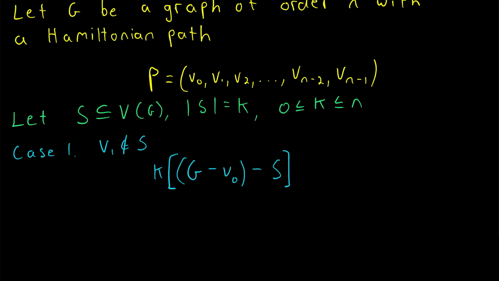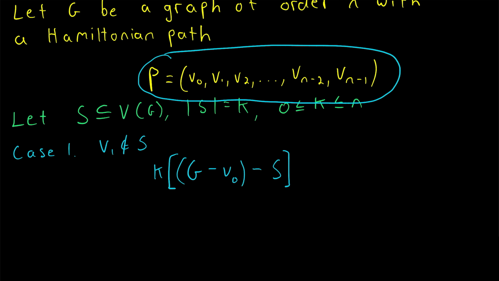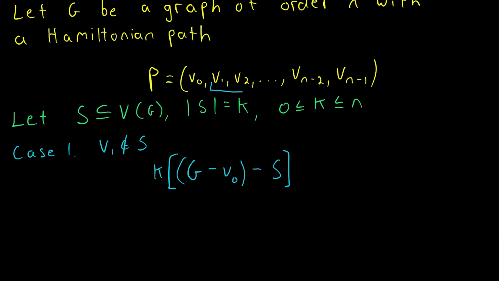Because here are the two important things to notice. G minus V0 obviously has fewer vertices than G, because it's G without that one vertex, V0. Additionally, G minus V0 is a graph with a Hamiltonian path, because the part of our original Hamiltonian path P following V0 is a Hamiltonian path in G minus V0.